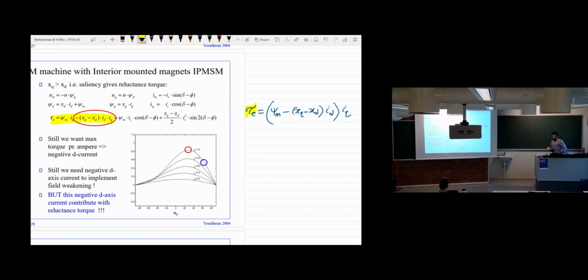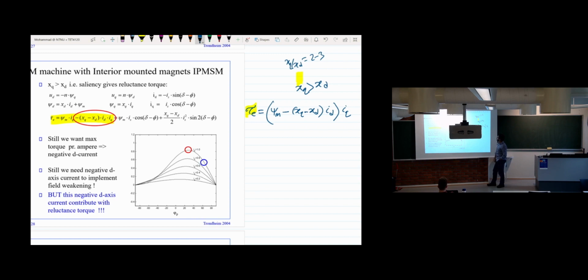What you see for an interior mounted machine is that Xq is greater than Xd, and the ratio Xq over Xd is 2 to 3 times. This means Xq is 2 to 3 times bigger than Xd.